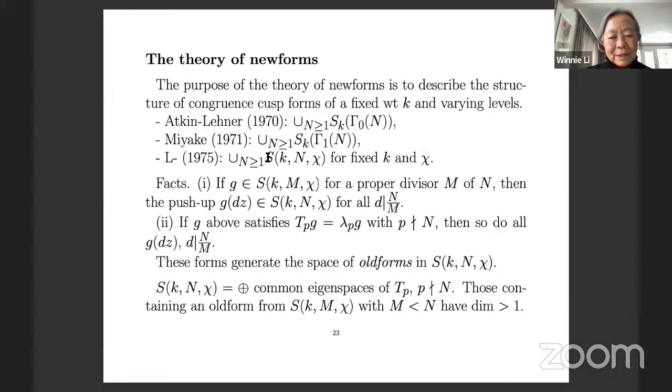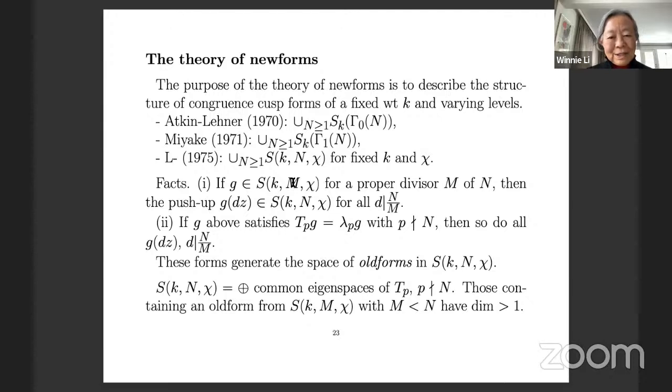From the viewpoint of the space S_k(N, χ), all these forms coming from lower levels generate a space called the old forms, because they are forms of lower levels. We remarked earlier that the space S_k(N, χ) decomposes into a direct sum of common eigenspaces for the Hecke operators T_p with p not dividing N. This works similarly for S_k(M, χ).